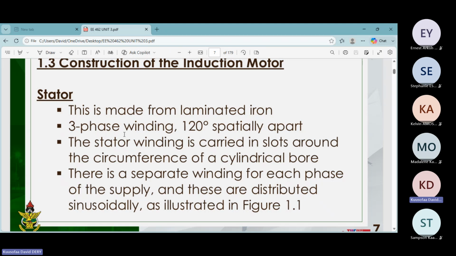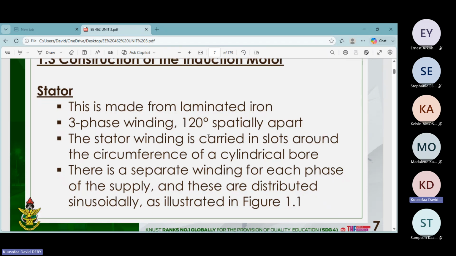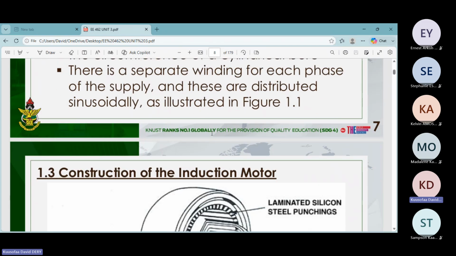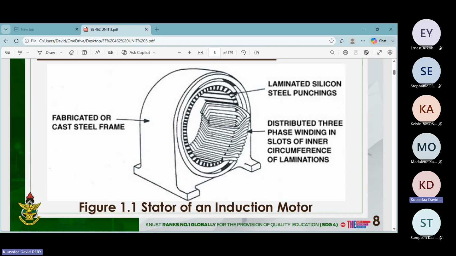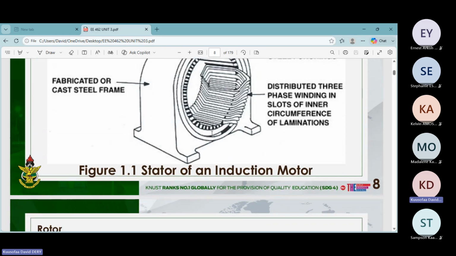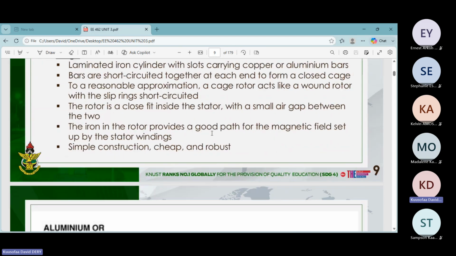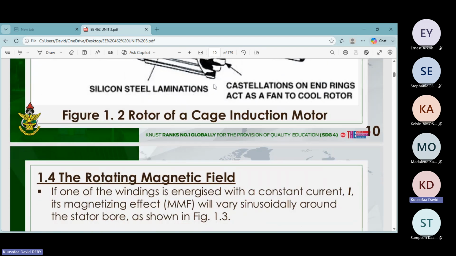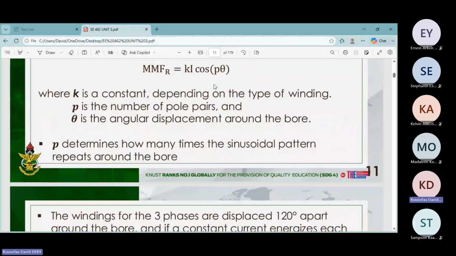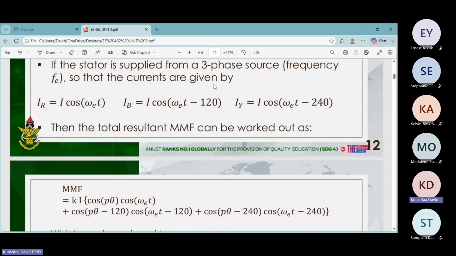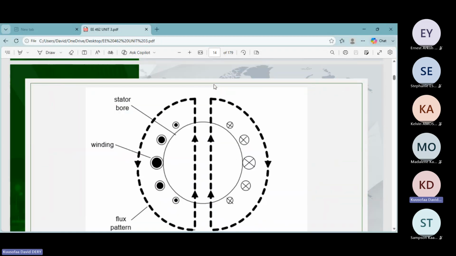It's three-phase connected, and there are slots to carry the conductors. I will skip the construction part. I believe we all remember a few things. What we will be interested in will be the equivalent circuit. That is where I will go through the operation too. I believe you also understand.